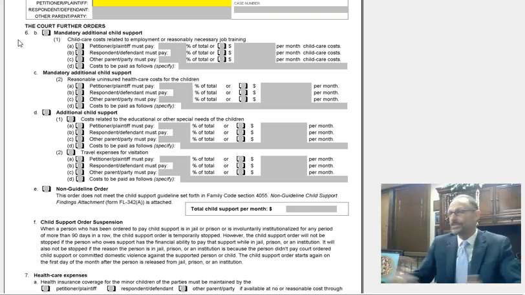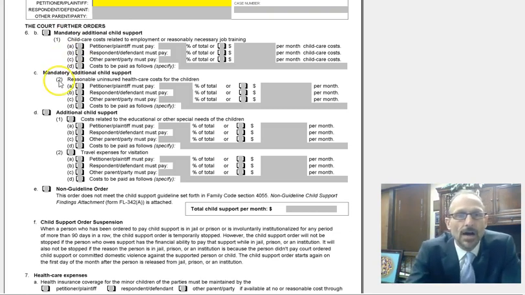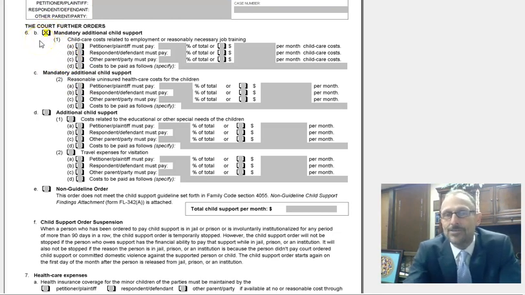If one person is going to pay for all of it, mark the respondent or the petitioner's box, whoever's going to do that, and put 100% next to it. Pretty straightforward. Mandatory additional child support. And by the way, if you're going to have something in here, and I would recommend that you mark these boxes, generally I would put 50-50 here if there's not any other specific orders. So 50-50 like that.